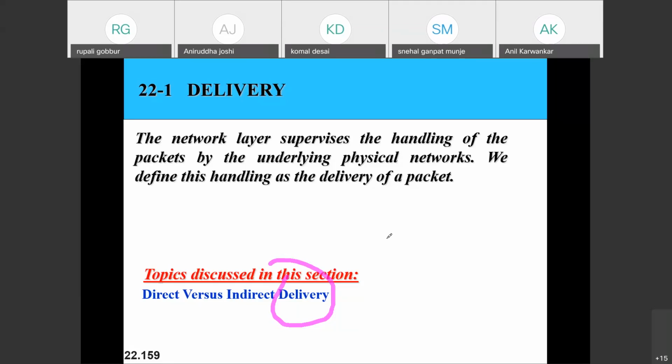That is, the packet hops from one network to another network to another network, till the destination path is found by the router, which is helping in hopping the packet from one network to another network. But that particular physical path of the destination must also be very, very clear.